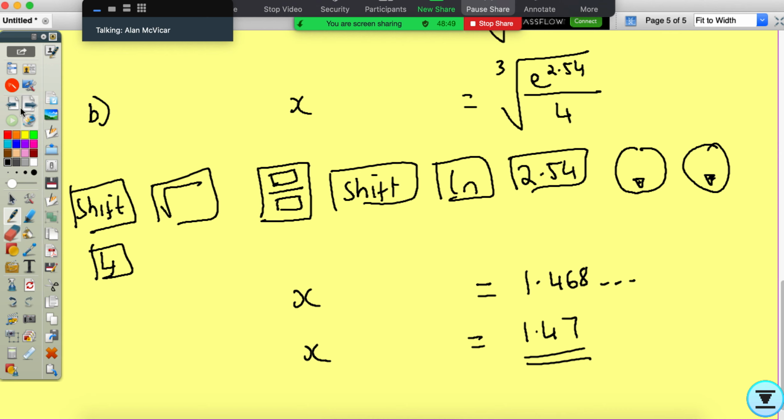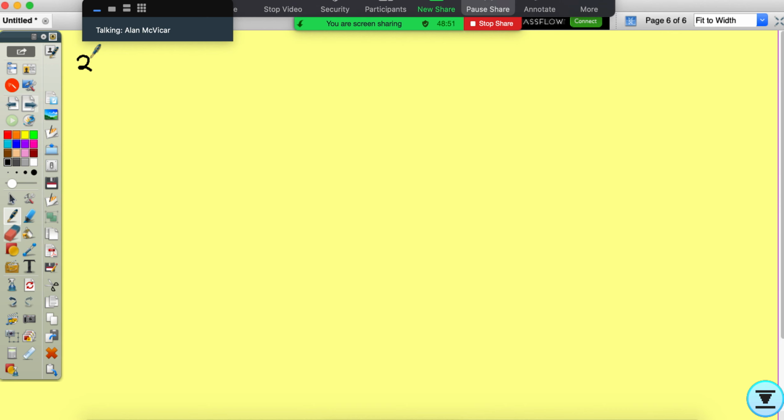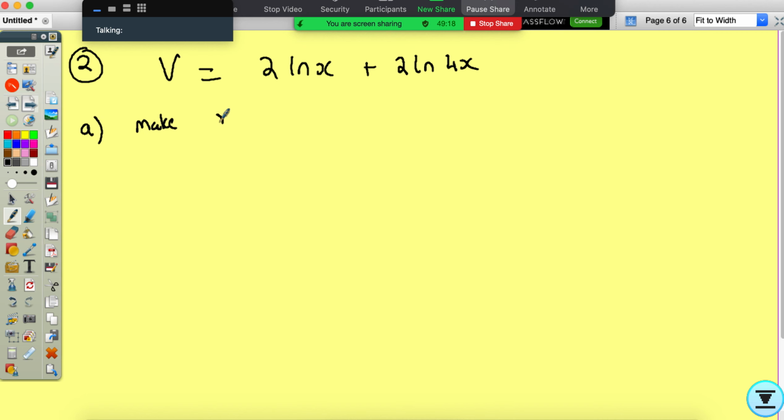Right, okay, let's do another example, example 2. V equals 2 ln x plus 2 ln 4x. Part a, make x the subject.